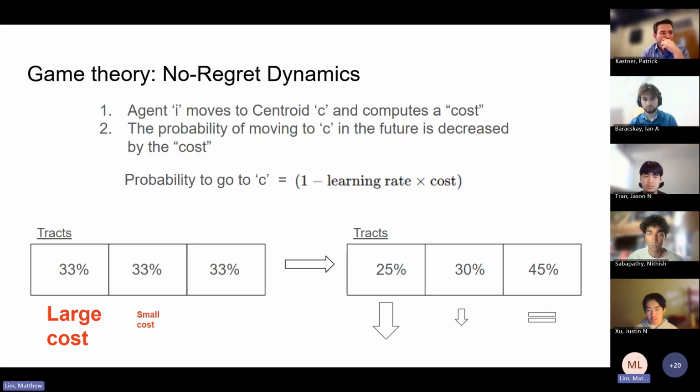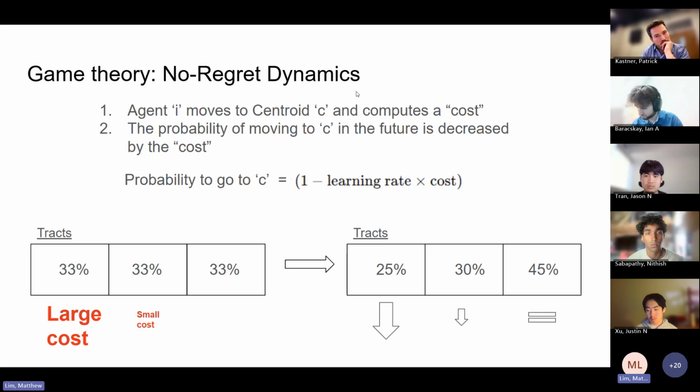And so a brief overview of how our algorithm works is it's almost like an agent-based model. So we have agent I moves to centroid C, which is like a census tract. And every time an agent moves to a location, it observes, okay, how beneficial is this census tract to me?